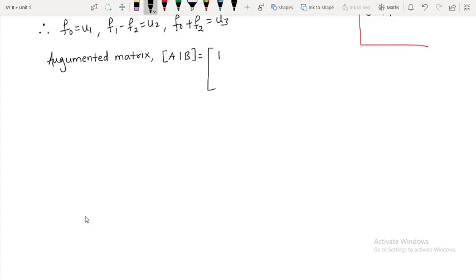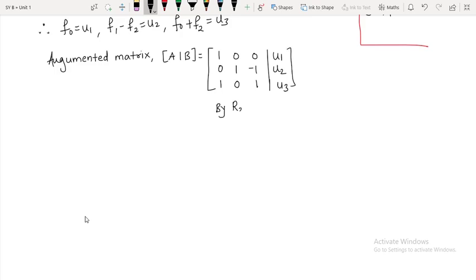f0 is there, so 1. In the first equation f1 is not there, f2 is also not there, and here is u1. Am I right? In the second equation f0 is not there, f1 is there, f2 is also there, this is u2. In the third equation f0 is there, f1 is not there, f2 is there, and u3. Okay, so naturally we have to convert it into echelon form.